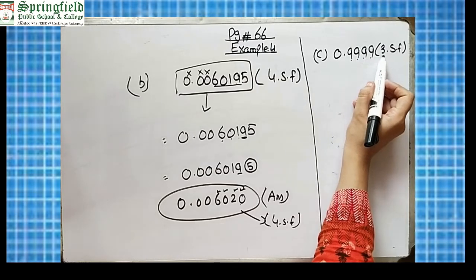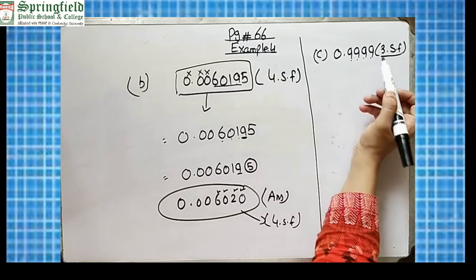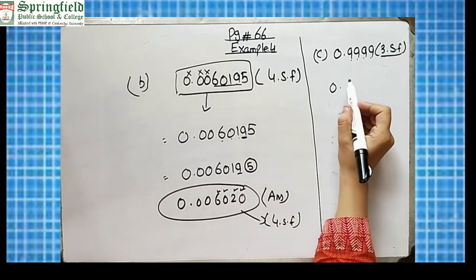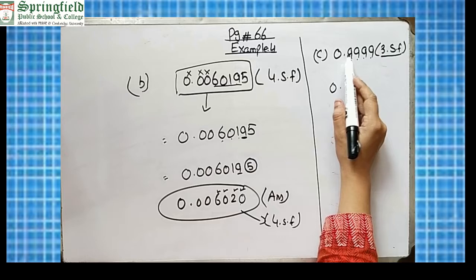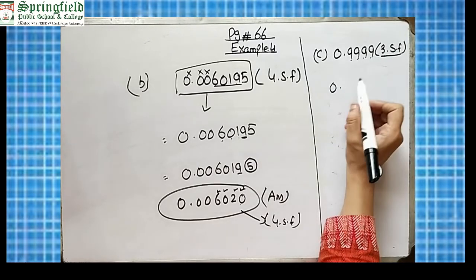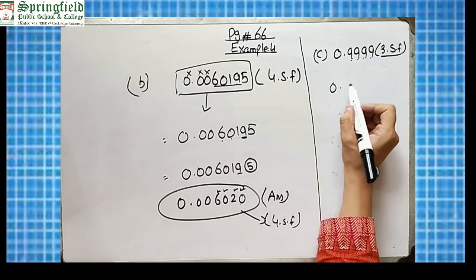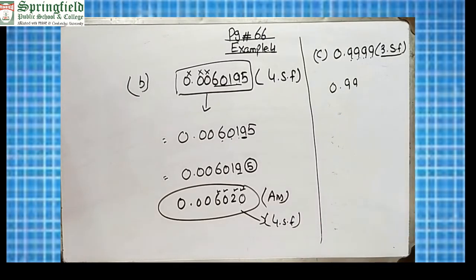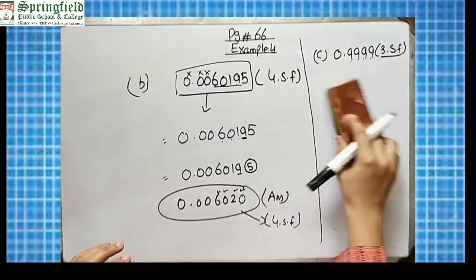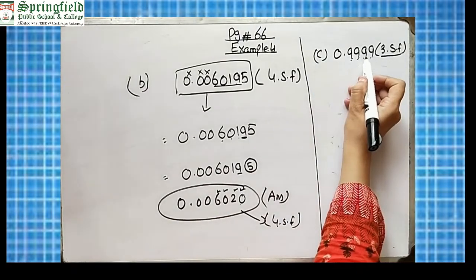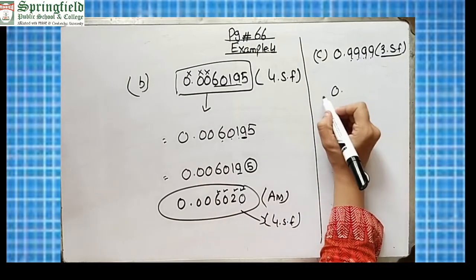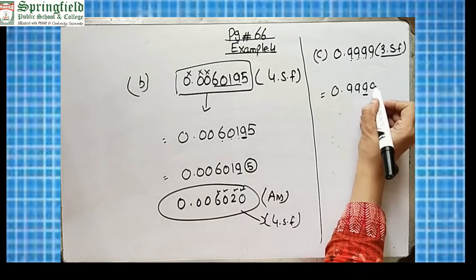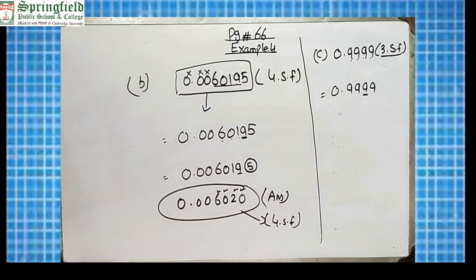And they are saying to round off to 3 significant figures. So we will start counting from the left side. 1, 2, 3. In the first step, 1, 2, 3. Fine. 0.999. Underline this digit and then write the next digit.